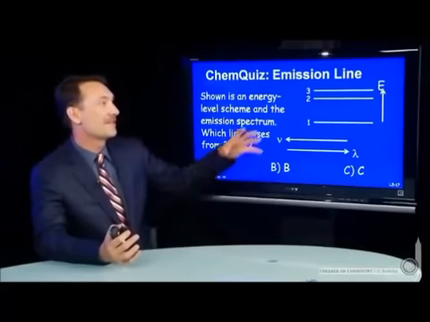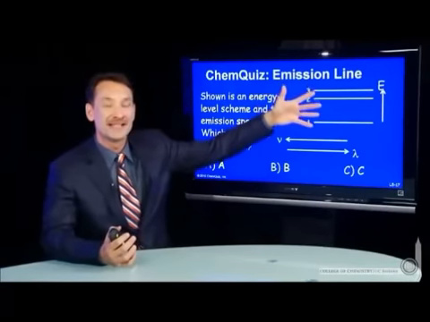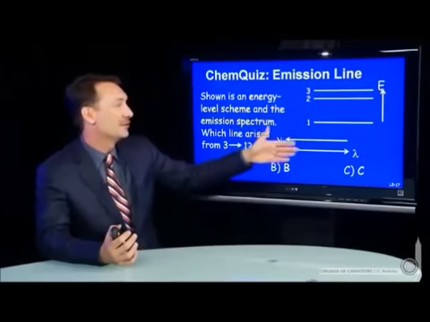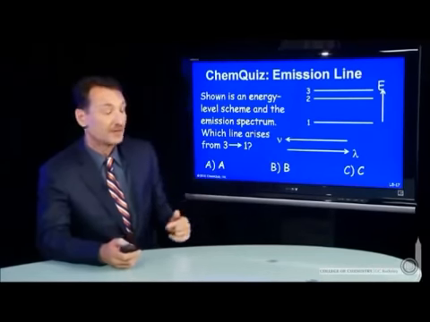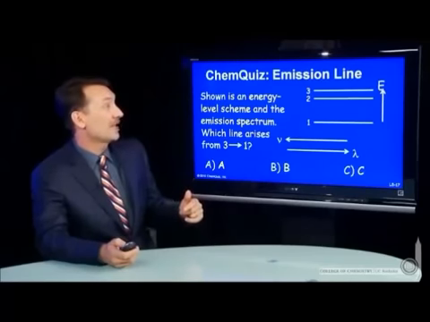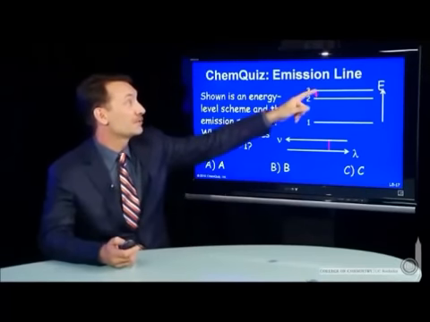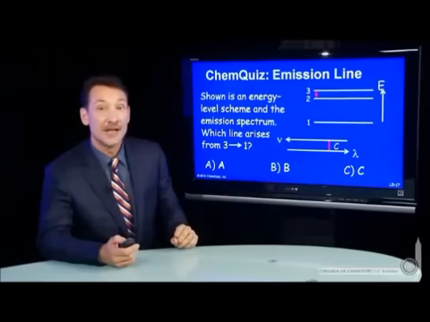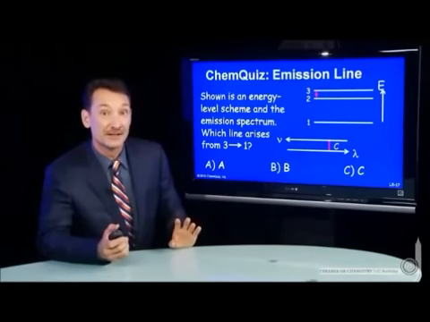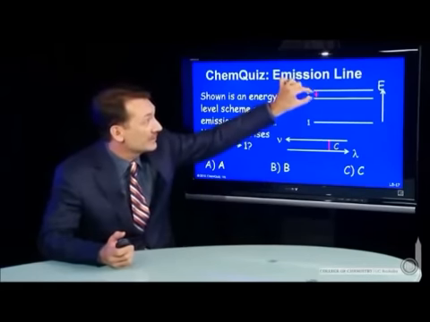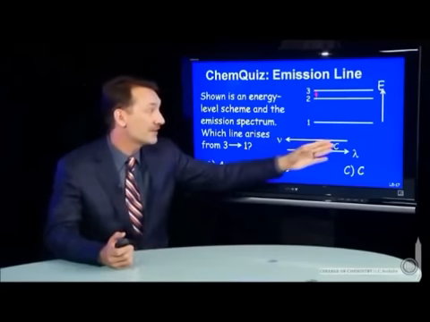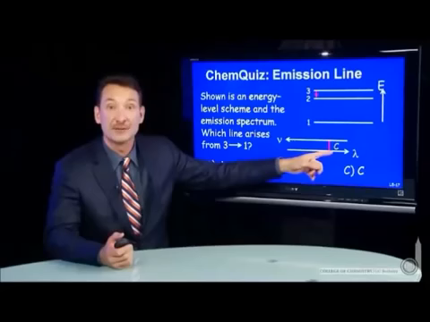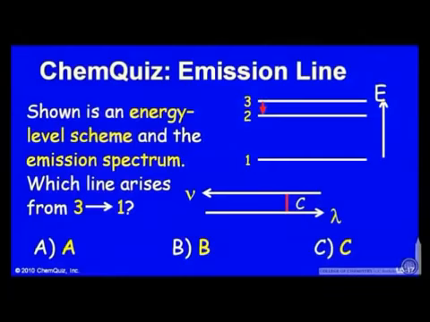We're trying to get from the energy level spacings in some matter to the actual emission spectrum that we'd observe. So if you look at the possible energy transitions, a transition between level 3 and 2 is possible. That would be the lowest energy of the possible. That's the smallest spacing here, so that's the smallest energy. So on a frequency plot, it would be the lowest frequency or highest wavelength.